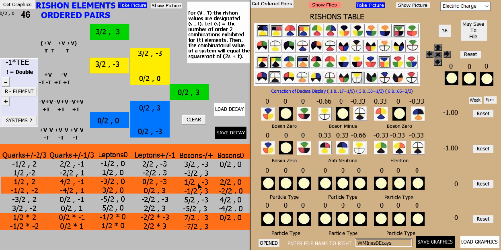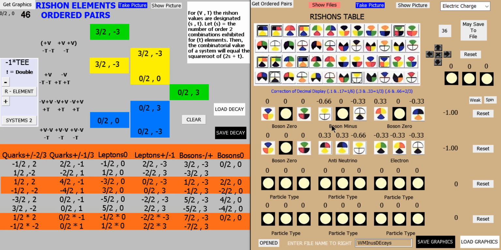Now, let's investigate the quantum numbers of the decay of the vector W boson minus. And first we'll look at the electric charge.